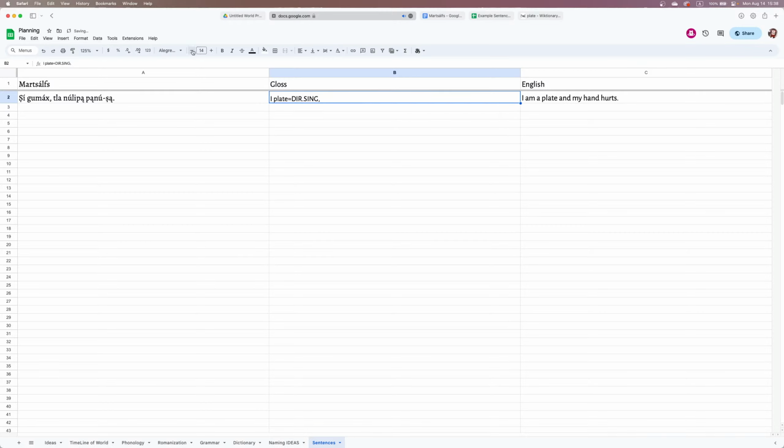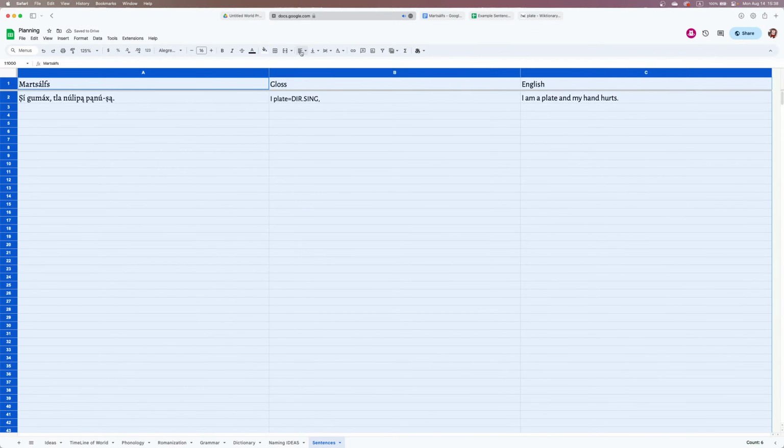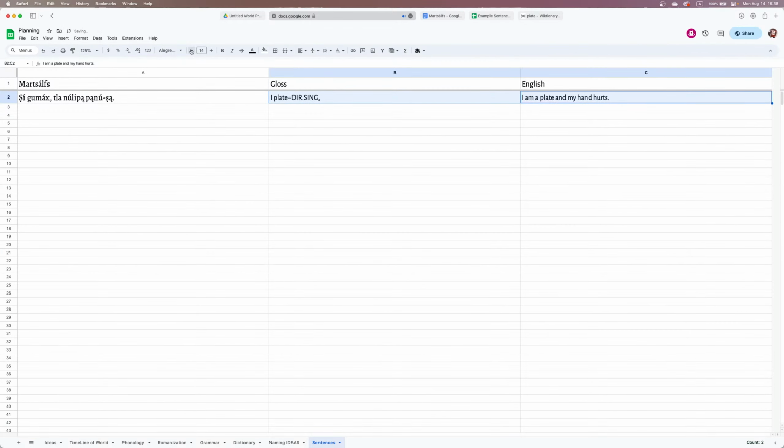I am plate direct singular. I'll turn down size on that one, as I'm going to be taking up a lot of space with the glossing, I can only assume. So direct singular and hand direct singular, as well as first person possessive.